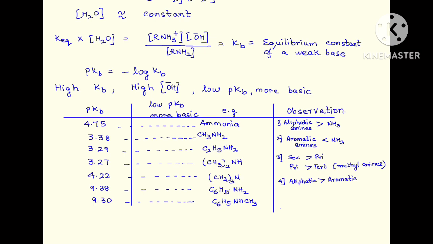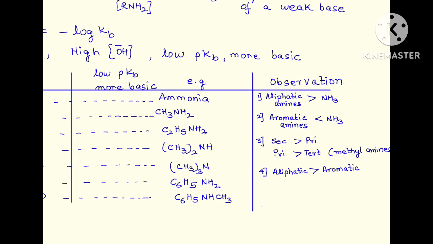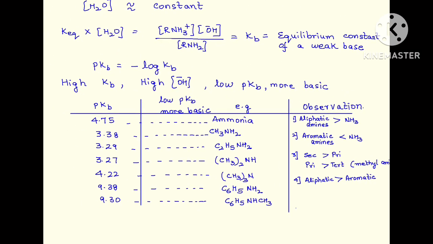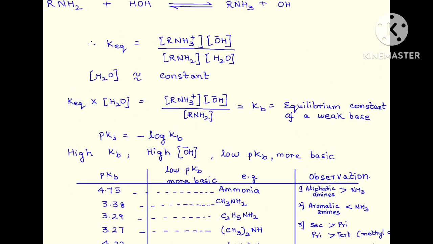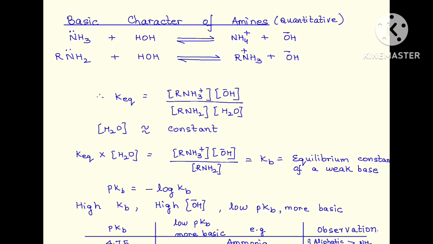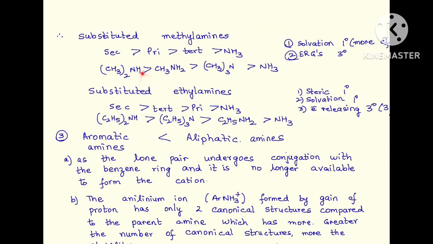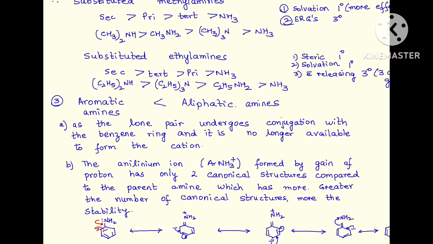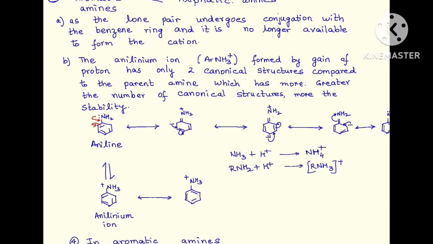So you should always correlate your experimental observations to the explanations that we give you in theory. And remember that these explanations that we have given you are given in order to justify what we are observing practically.